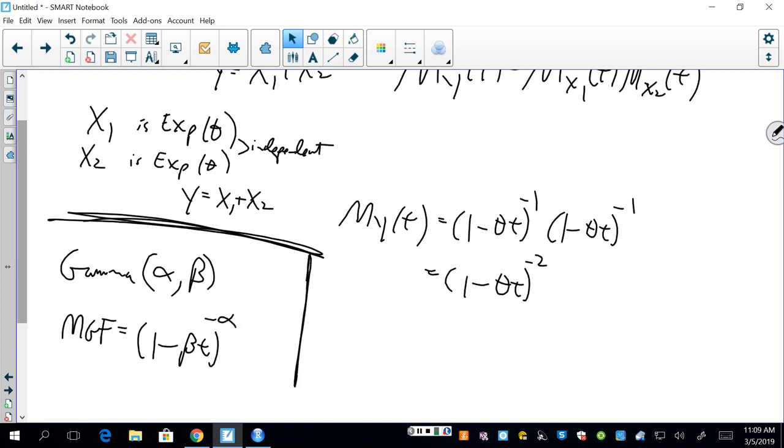If you know that fact, what is the distribution of y? The sum of these two exponentials has an analogous form to that. So the sum of these two independent exponentials is going to be this gamma random variable.